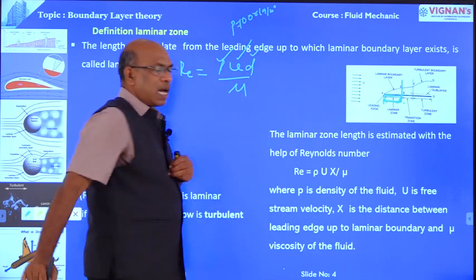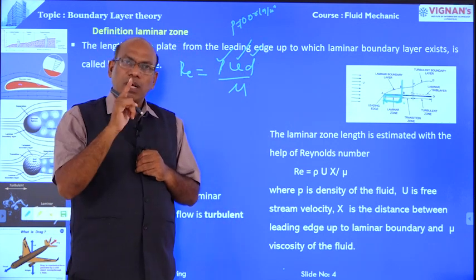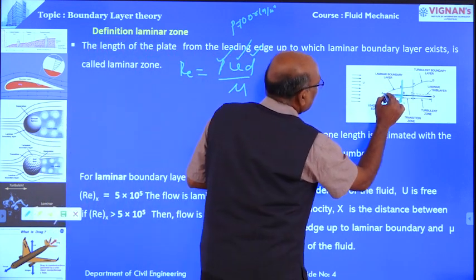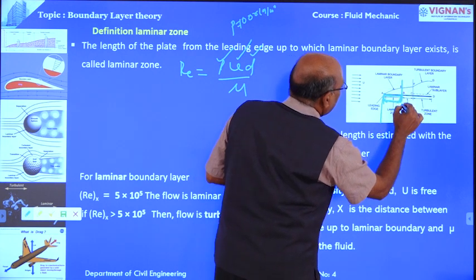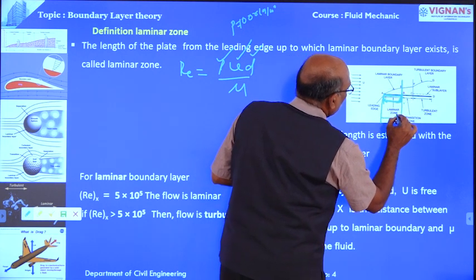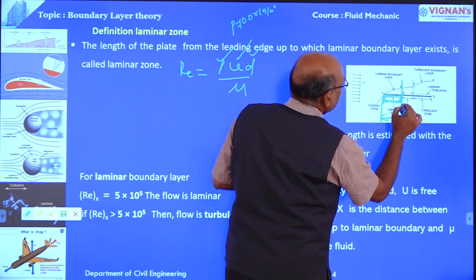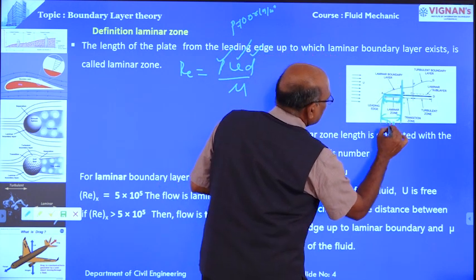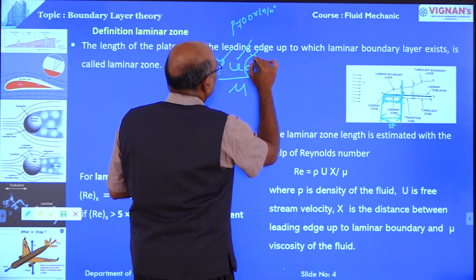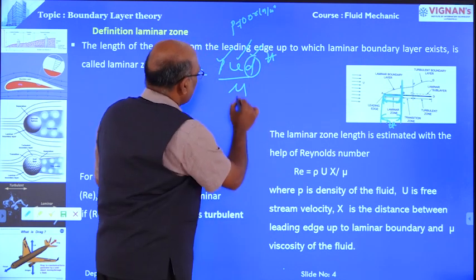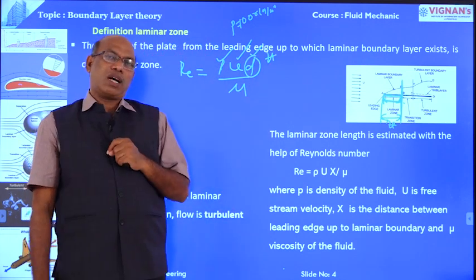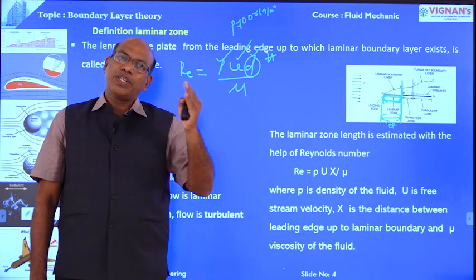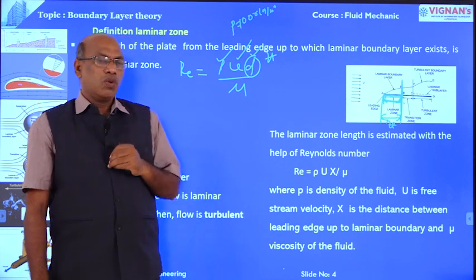D is the diameter in case of pipe flow, whereas here D is the distance x from the leading edge up to where the laminar boundary layer exists. Here D is nothing but x, and mu is the viscosity of the fluid.